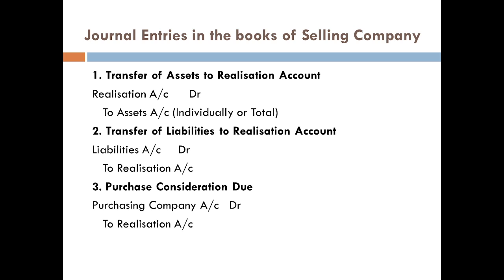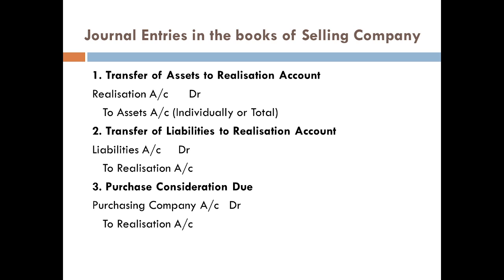Then the third journal entry is for making the purchase consideration due, right? It is what I am going to receive, so I first create it as due, then the actual receipt will be recorded. As is the case with issue of shares, in case of allotment, or first call, second call or final call, we first create the due entry. Likewise here, in case of purchase consideration, we first create the due entry.